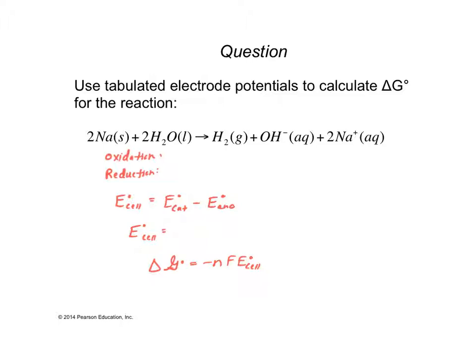Yeah, it's really recorded if I multiply it by 2. It's the balanced number of electrons. We'll go over it when we, yeah.